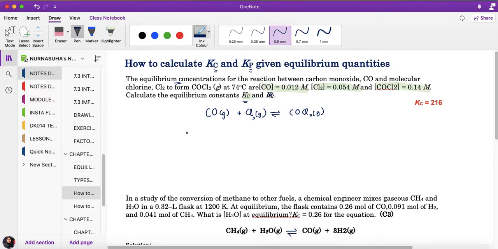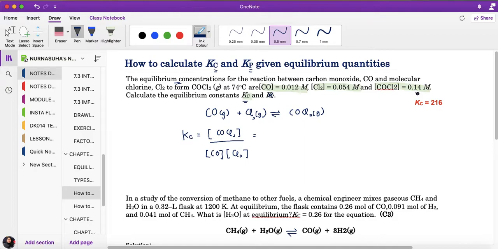So kita akan terus guna the formula of Kc. So Kc sama dengan concentration of COCl2 bahagi dengan concentration of CO times concentration of Cl2. Just key in the value. Yang ni lah problemnya.